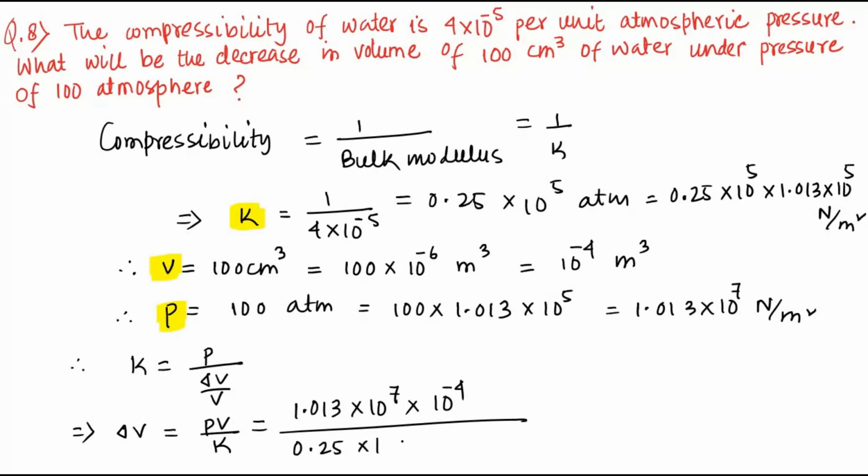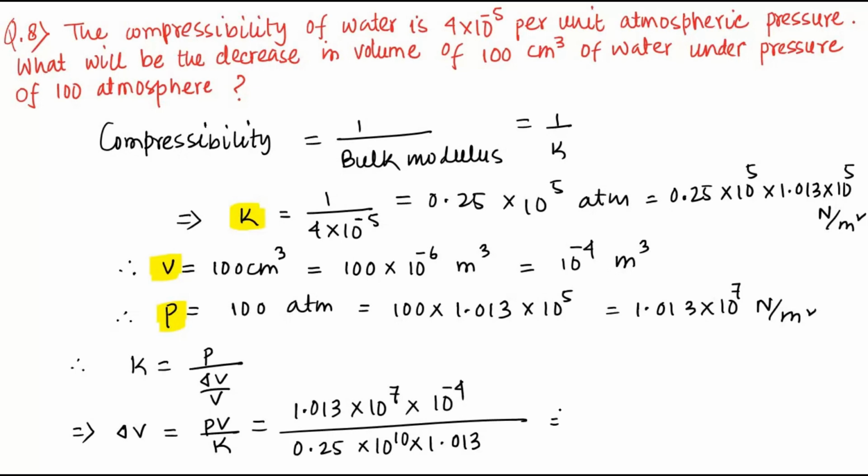0.25 into 10 to the power 5 into 1.013 into 10 to the power 5. So this is basically 10 to the power 10. So we can write here, this is 10 to the power 10.